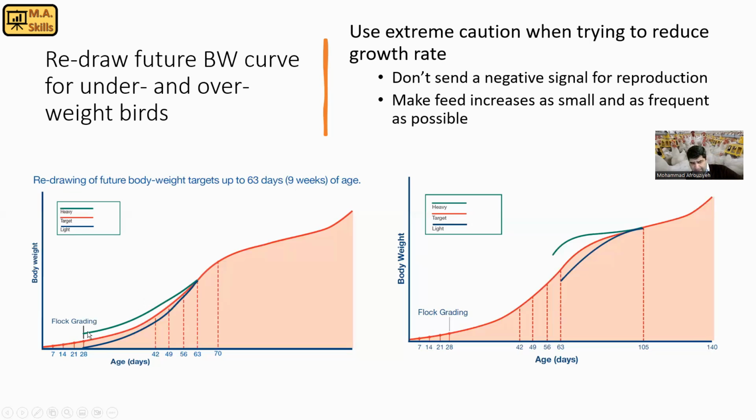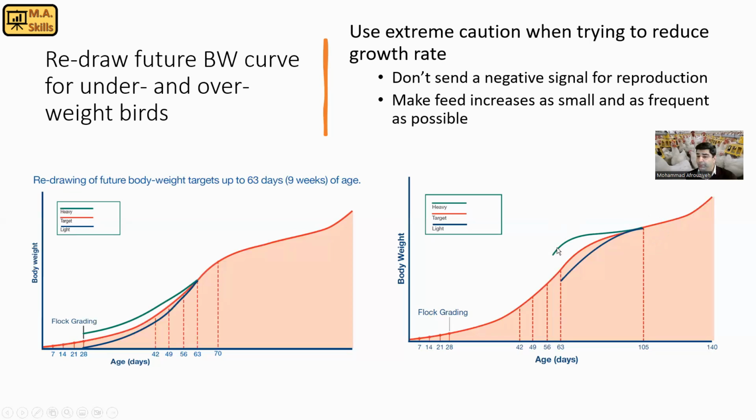Here, for the green lines, especially in this curve after 63 days of age, if you look at the green curve, which is for heavy birds, you can see we are really reducing the rate of growth to bring them onto target body weight.